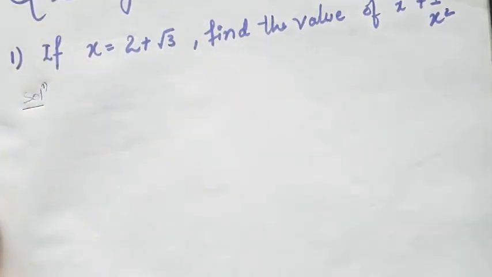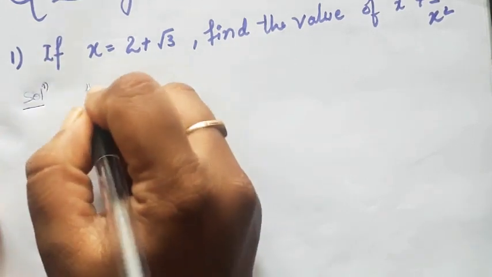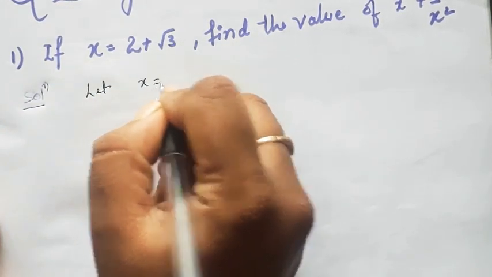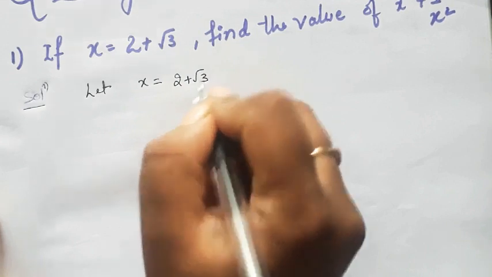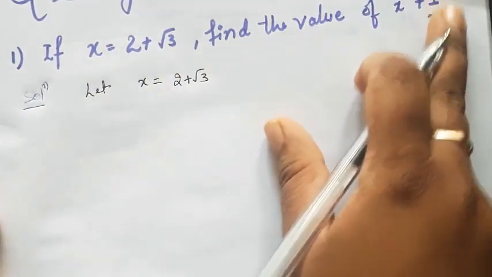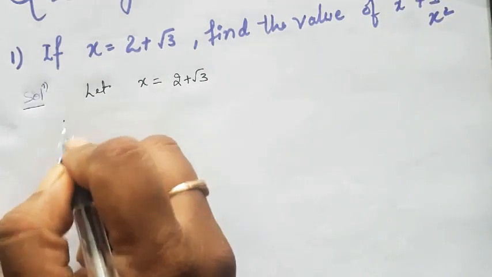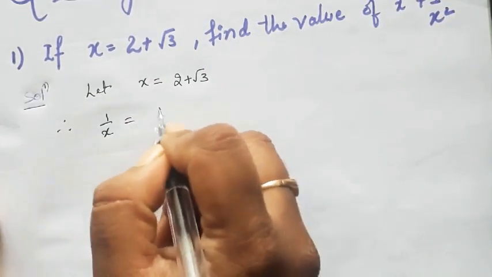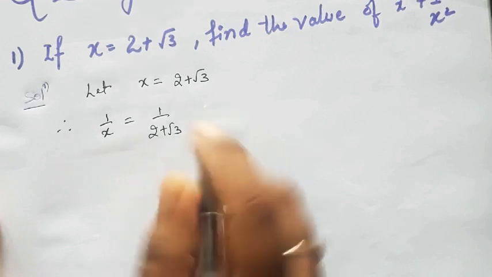Let x is equal to 2 plus root 3. The question asks for x square plus 1 by x square. Here we have x, and we need to find 1 over x, that is 1 upon 2 plus root 3.